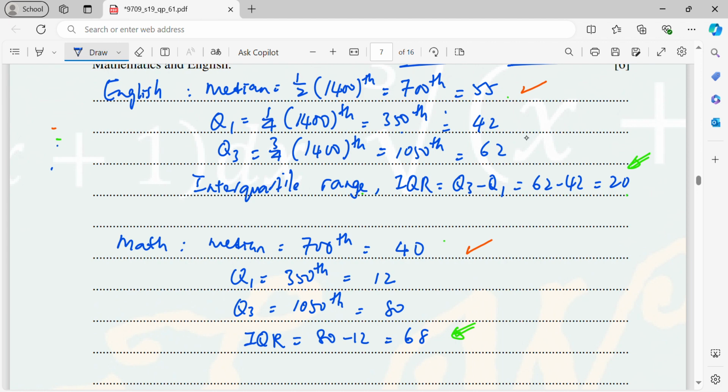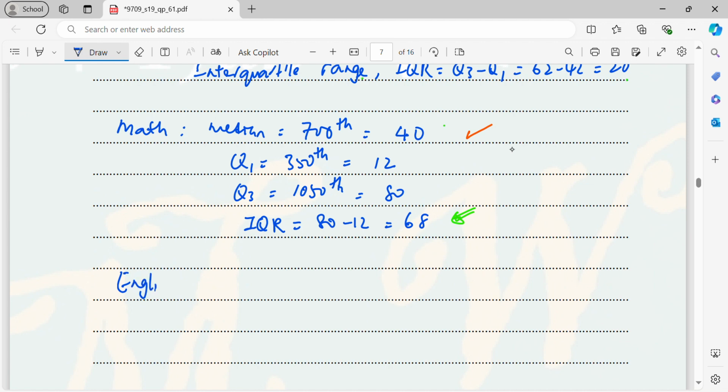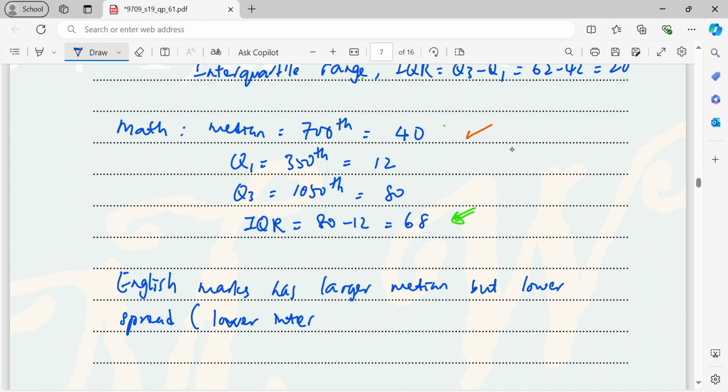Okay, so I will write here, English marks has larger median but lower IQR, lower spread, because of lower interquartile range compared to math marks.